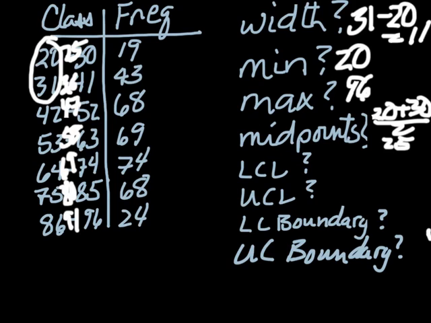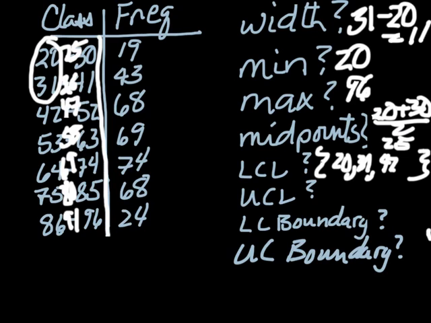And those are the midpoints in each case. The lower class limits, well, that's the set of 20, 31, 42, 53, 64, 75, 86. The upper class limits will be this whole list right here, starting with 30 and going to 96.